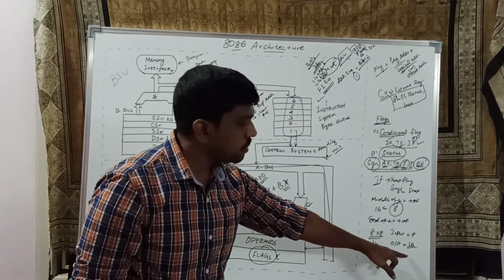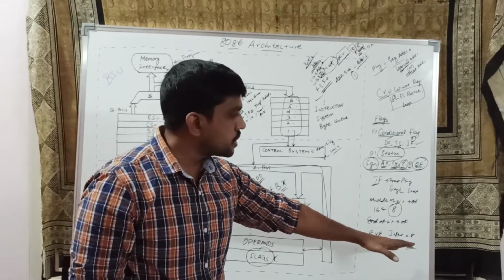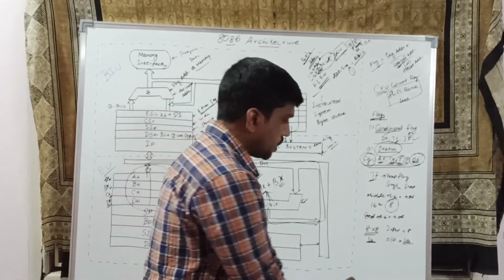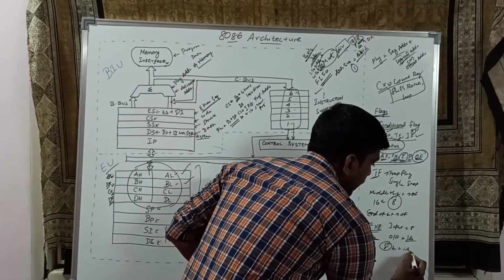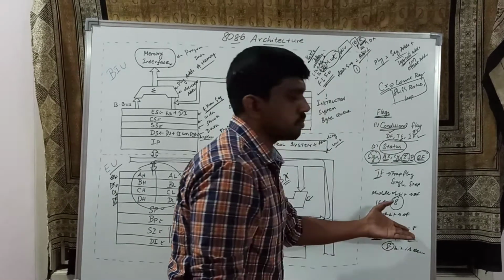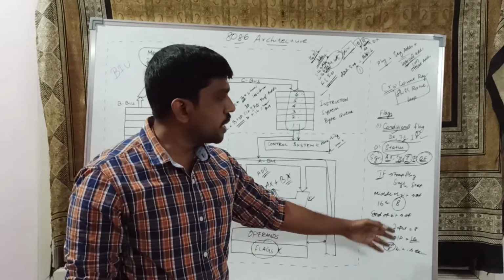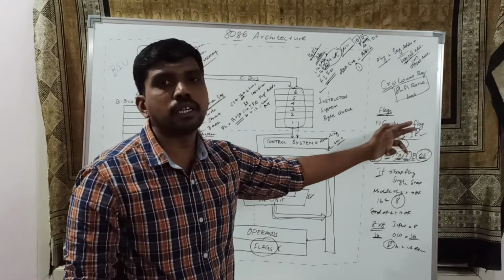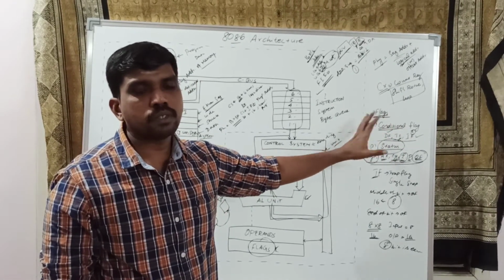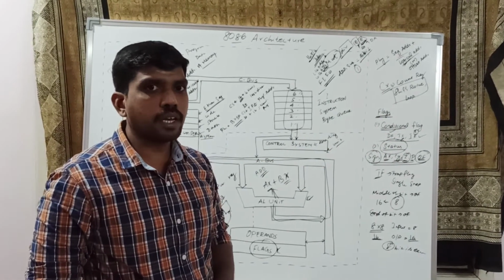It exceeds the input range, so it's called an overflow. Here the 8 bits exceed compared to the input values, so it's indicating overflow. This overflow flag is set only in multiplication and division functions, not in addition and subtraction functions.